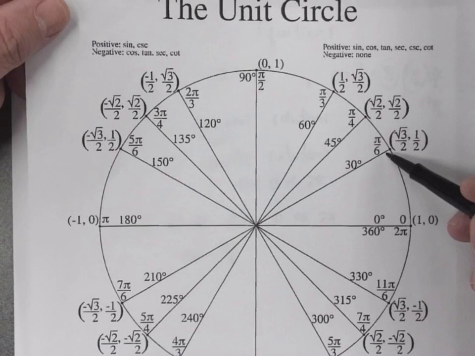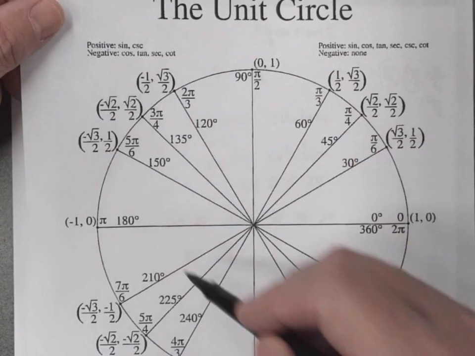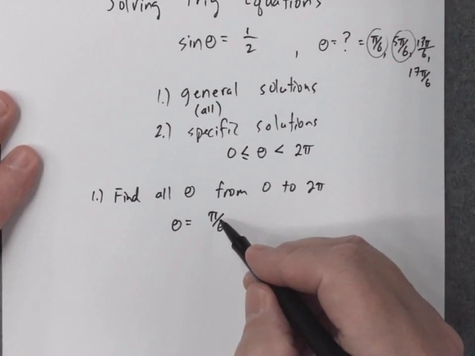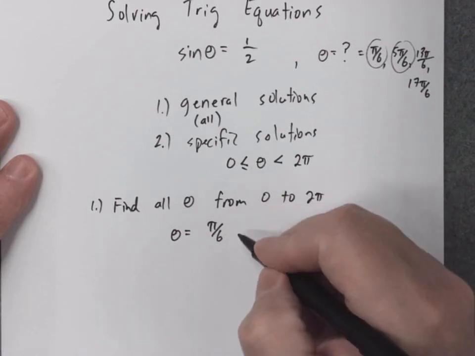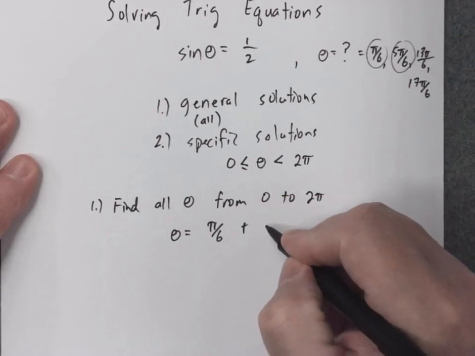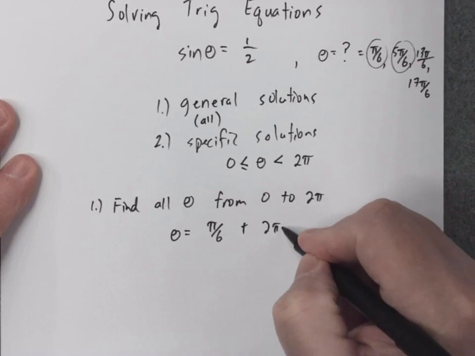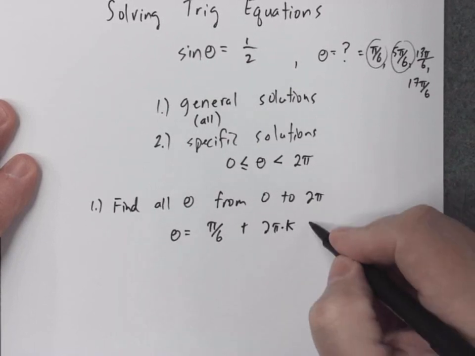How can we express the whole idea of going around and around the unit circle? And here's how they do it. You take your initial solution on the first trip around the unit circle, and you simply add 2 pi times k.